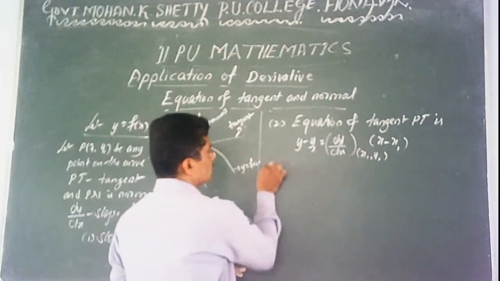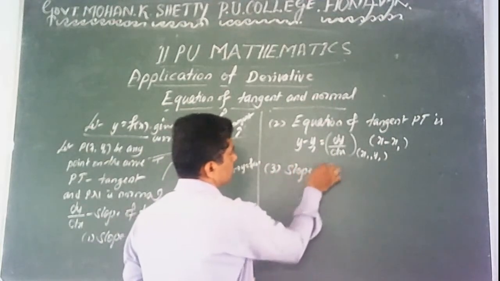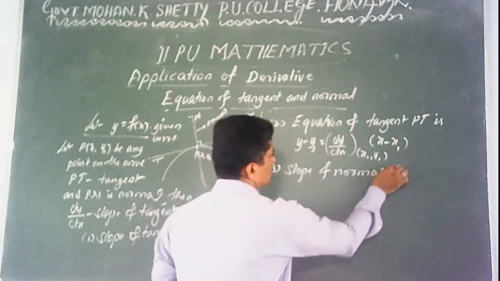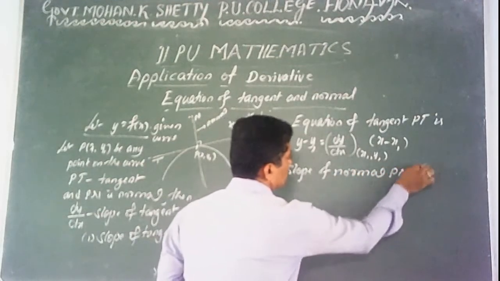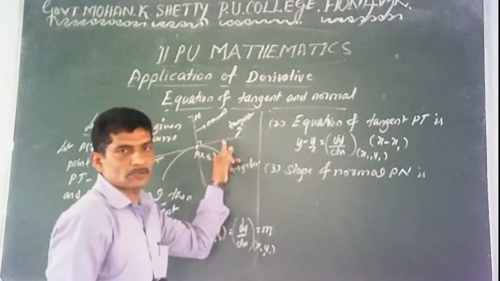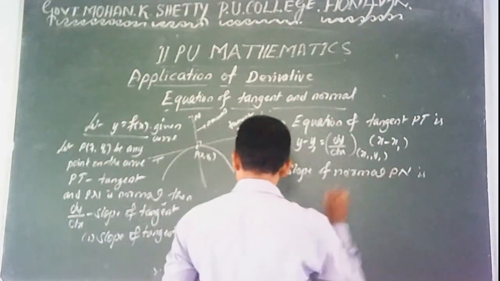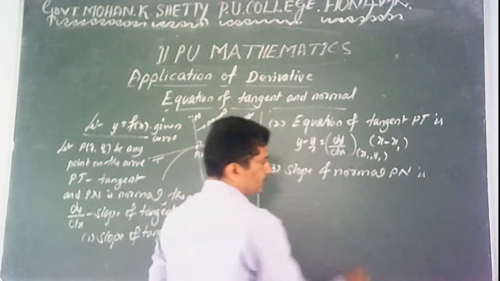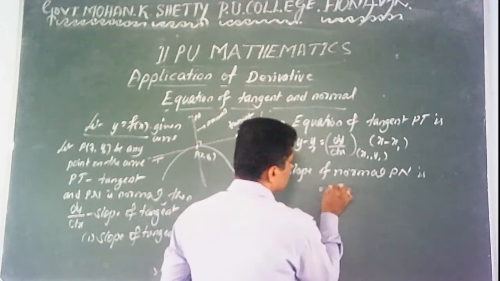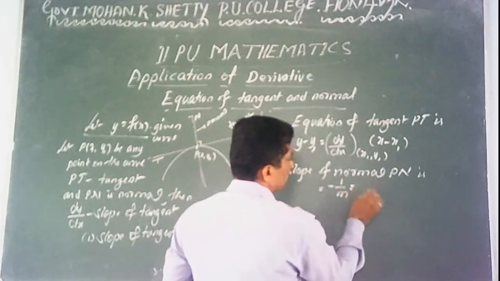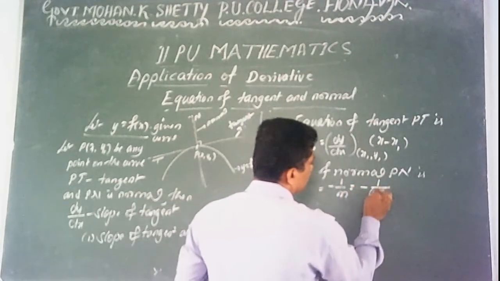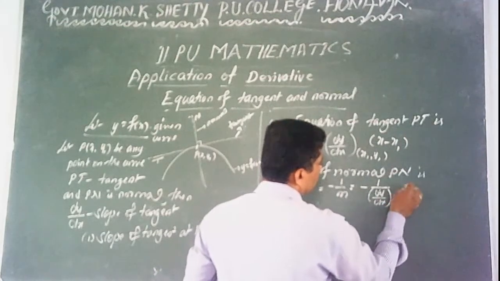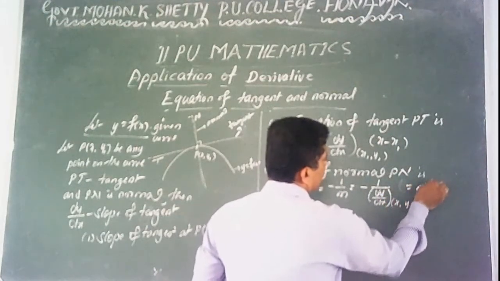The third one, slope of normal. Here you know that Pn is perpendicular to PT. So the slope of normal Pn at the point x1 comma y1 is minus 1 divided by m, which means minus 1 divided by dy upon dx at the point x1 comma y1, that is m dash.